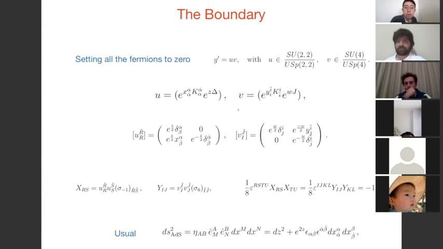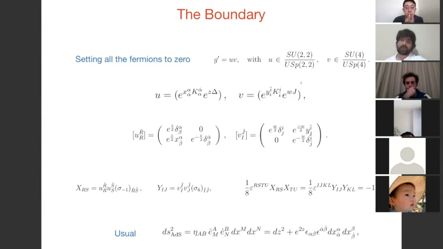Then you can use some matrix representation to write them in this way, and you can define this gauge invariant. Remember this matrix acting from the right here will be a gauge transformation. You can define some gauge invariant coordinates that satisfy the AdS and the S5. So this is the geometry.